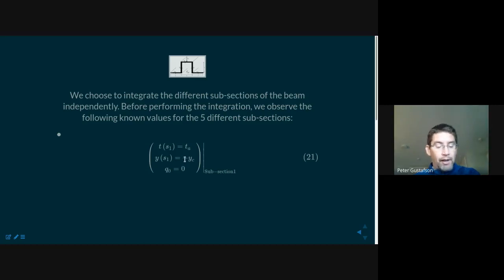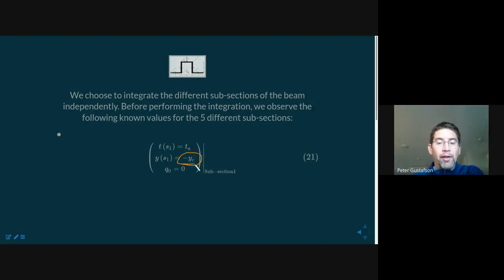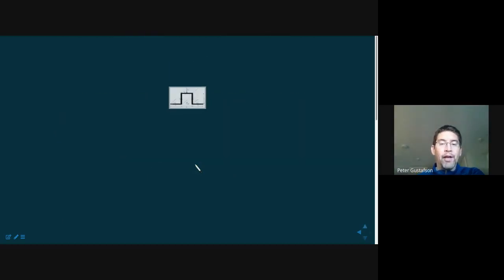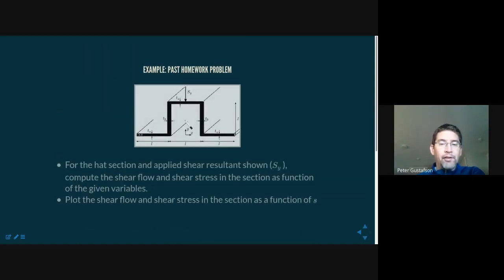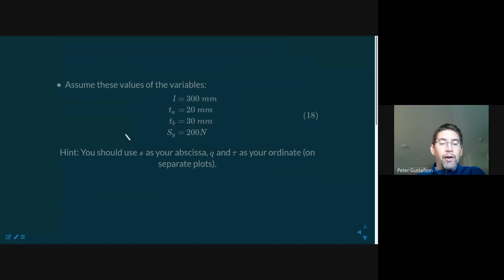The only caveat here is that the value of y is relative to the centroid. If I were to draw the centroid on here, we haven't computed where it is yet, but your instincts tell you it's somewhere in here. Then the distance from here to here is equal to minus y of the centroid.